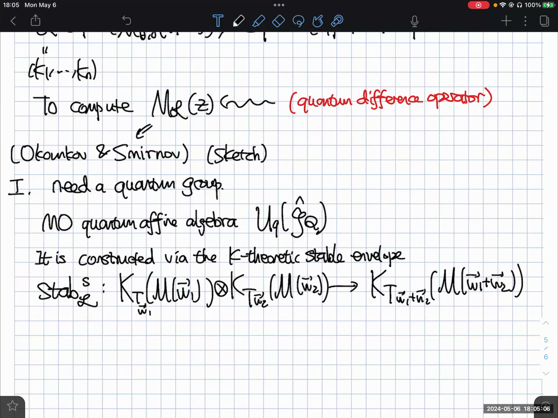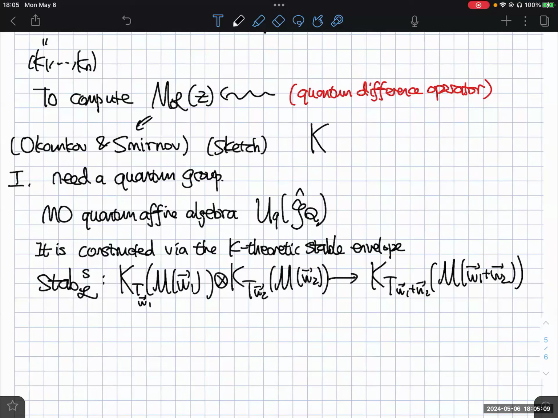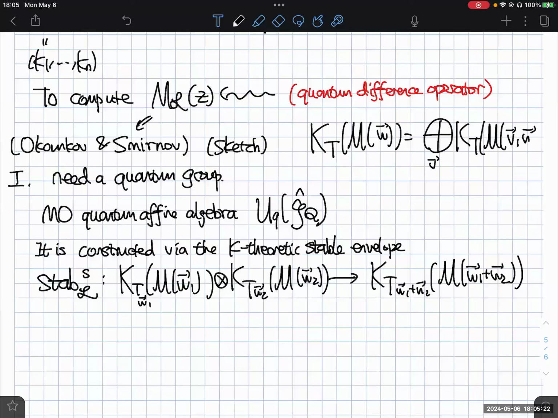Here I need to explain what this is. This T, MW just means we take all of the gauge nodes and sum them together in this way.